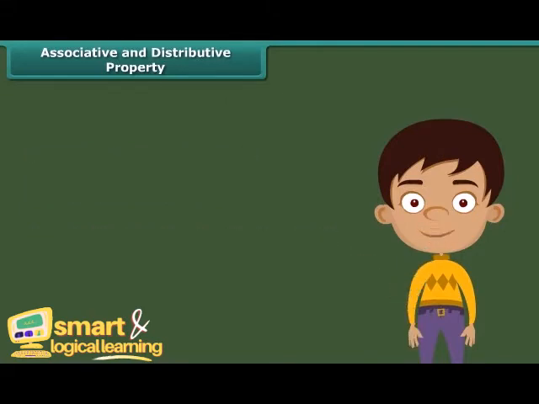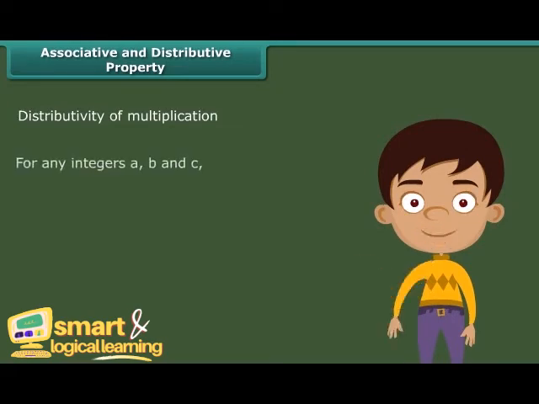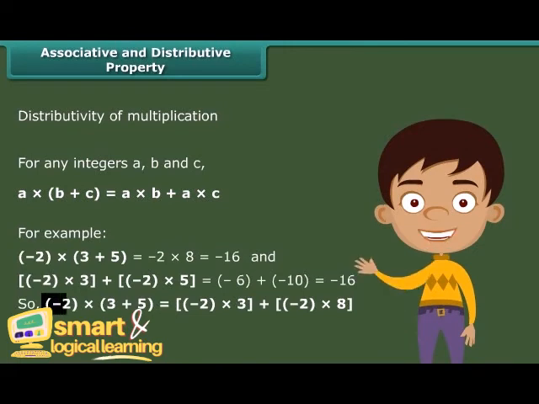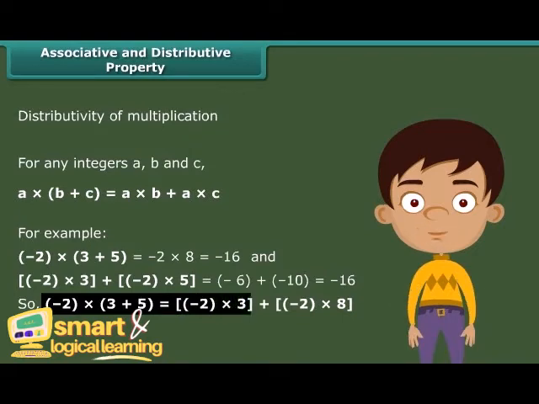Now let us move towards the distributive property of multiplication. For any integers a, b, and c, a into (b plus c) is equal to a into b plus a into c. For example, minus 2 into (3 plus 5) is equal to minus 2 into 3 plus minus 2 into 5.